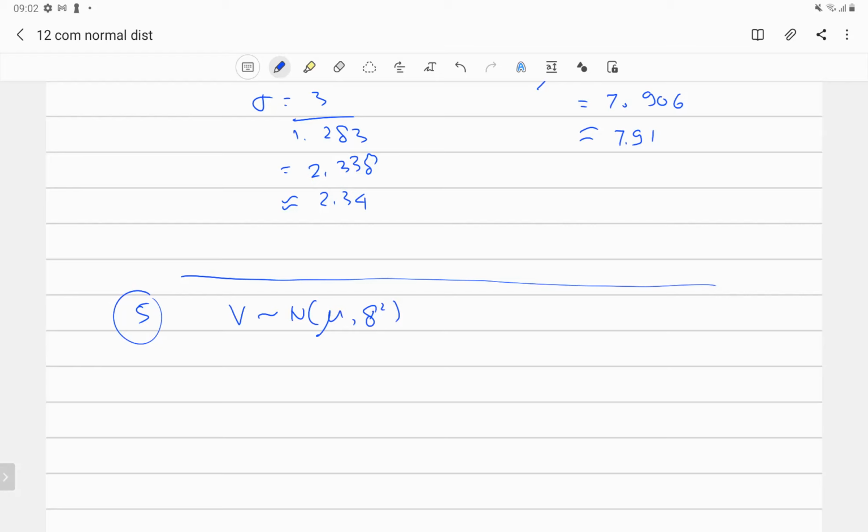Measurements were taken of the volume of 900 of these cartons. 225 of them contain more than 1002 milliliters. The probability that the volume is more than 1002 milliliters was found to be 225 over 900, which is 0.25.